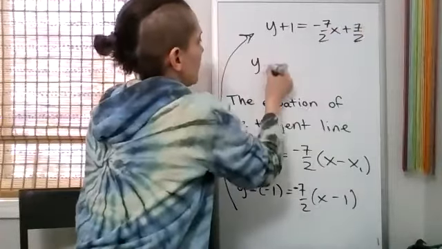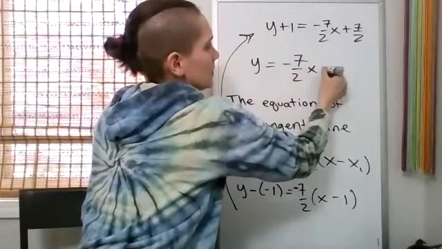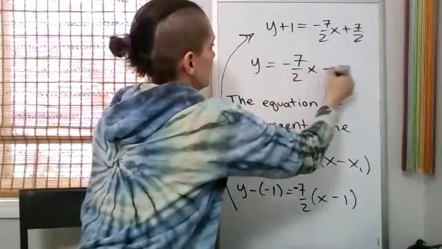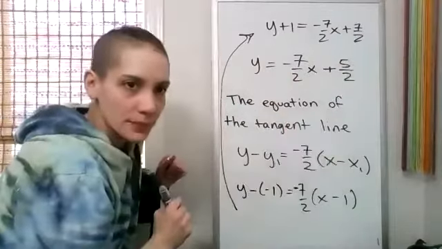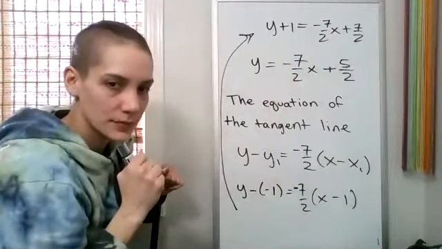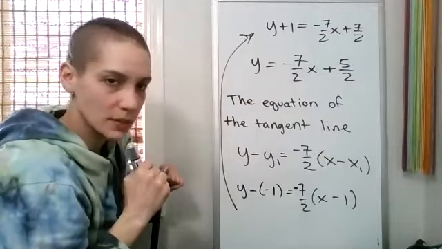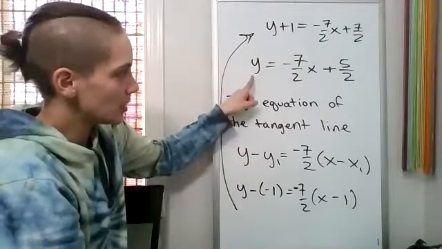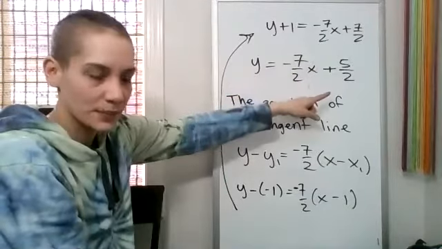And we want to solve for y. If you subtract 1, you add 5 halves. Did it come out quite? Yeah, that looks good to me. So the equation of the tangent line is negative 7 halves x plus 5 halves. And that's it.